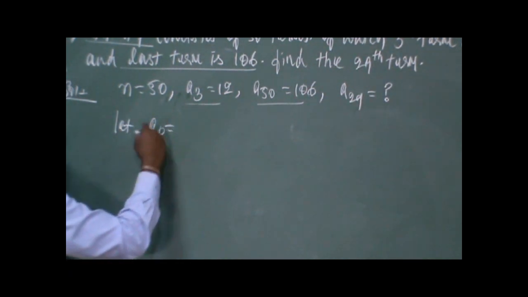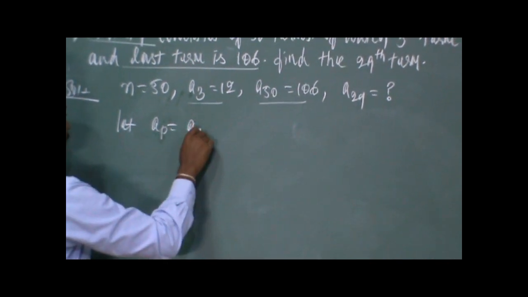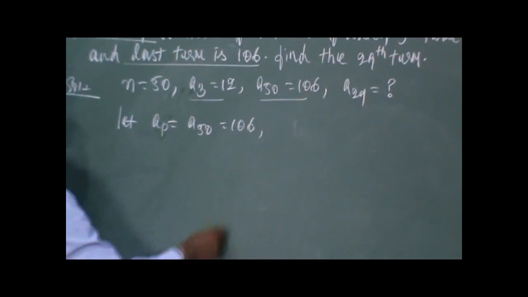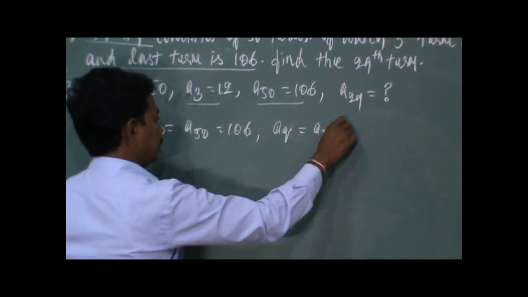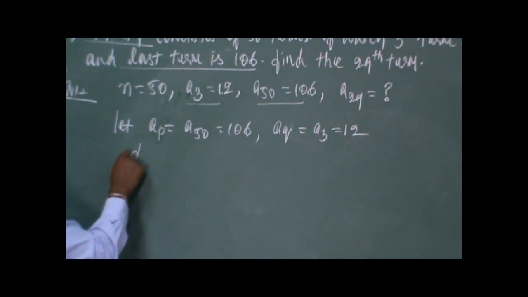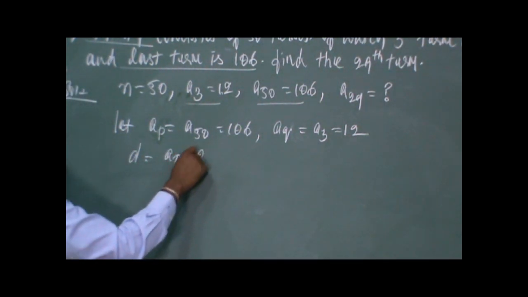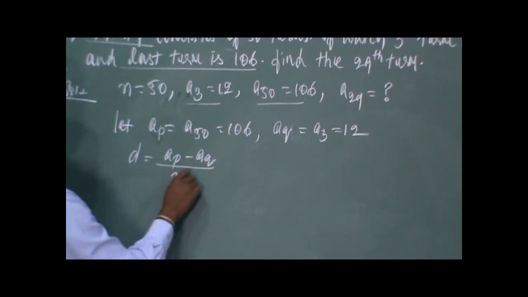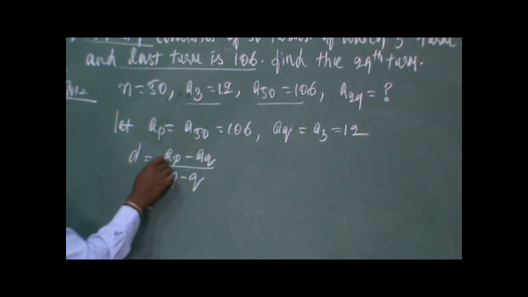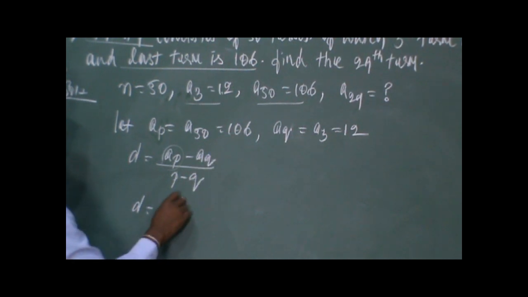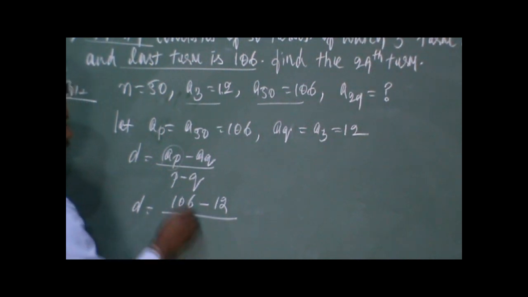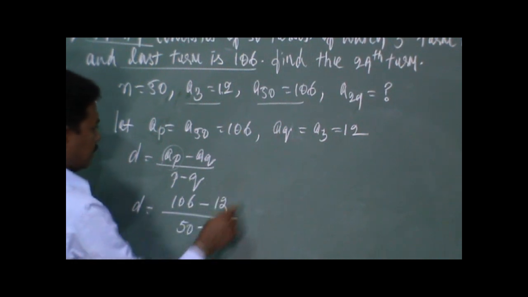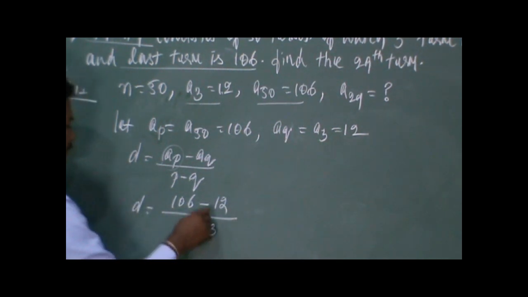So AP is equal to bigger term, this, A50 is equal to 106, AQ is equal to A3 is equal to 12. So formula is D is equal to AP minus AQ by P minus Q. So D is equal to entire AP is 106 minus entire AQ is 12 by P minus Q, that is 50 minus Q. Q value is 3.